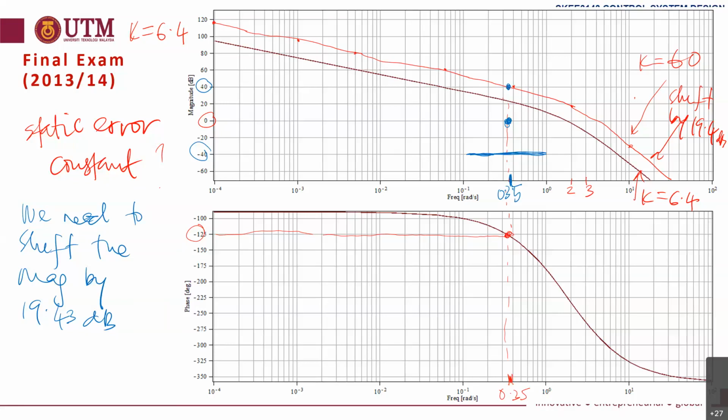So how to proceed with the lag compensator? The technique is from this frequency here, 0.35. We will move 1 decade before, which means here 0.035. Then 1 decade before that.